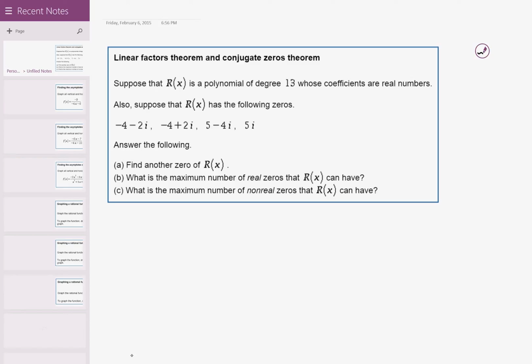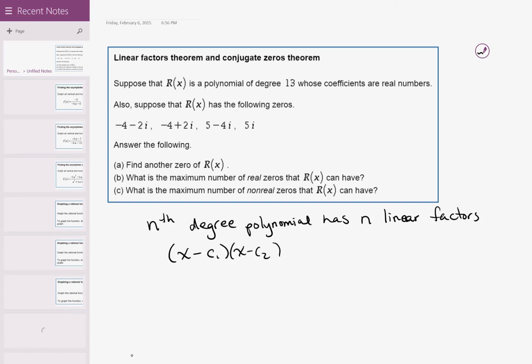The linear factors theorem says that an nth degree polynomial can be factored into n linear factors: x minus c1, x minus c2, x minus c3 (sometimes we use r for root instead of c), up to x minus cn, where c1, c2, through cn are the zeros or roots.